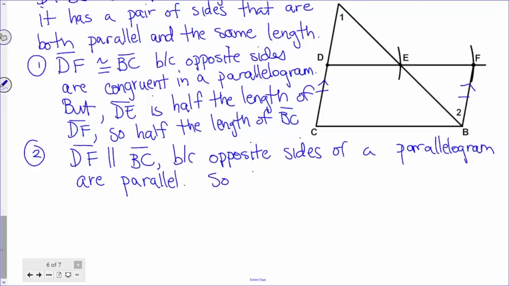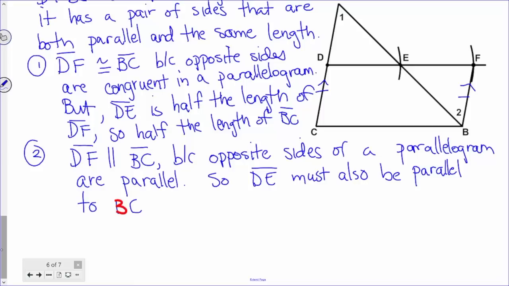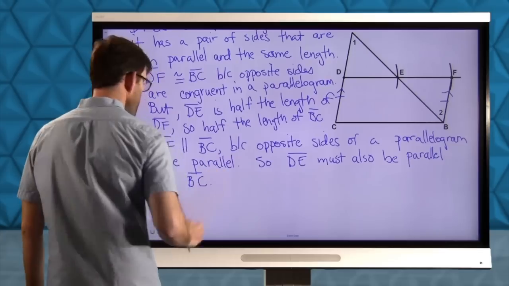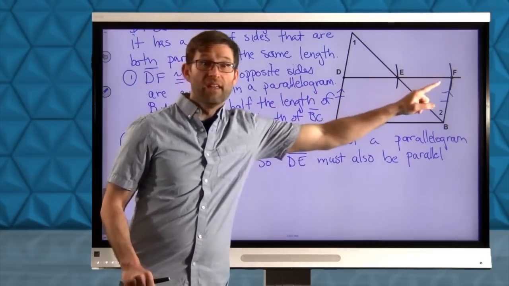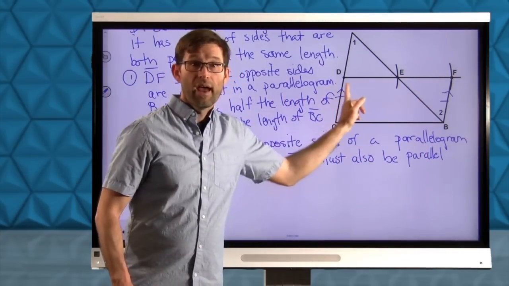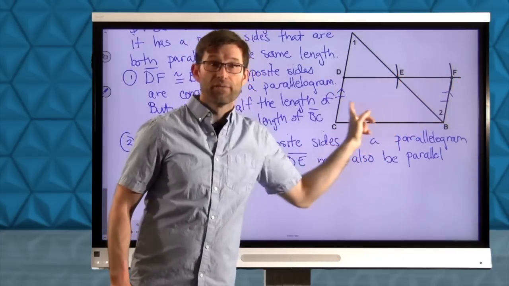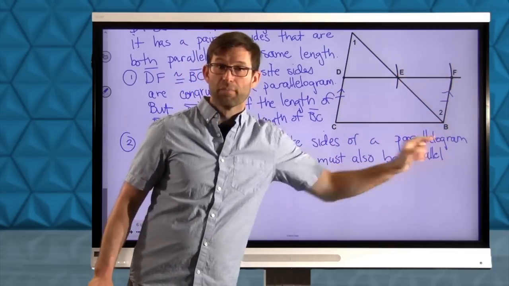So DE must also be parallel to BC. Right? I mean, we know that DF is parallel to BC, and DE is just a part of DF, so DE must be parallel to BC as well.